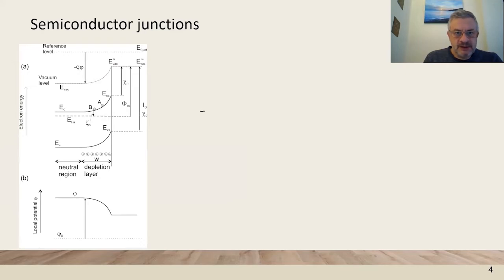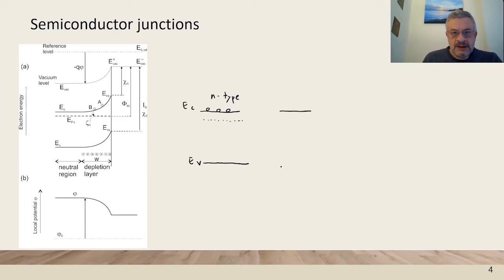Now for a semiconductor, we have some intrinsic carriers, and if the Fermi level is close to the conduction band, this is an N-type semiconductor, it has many electrons here.